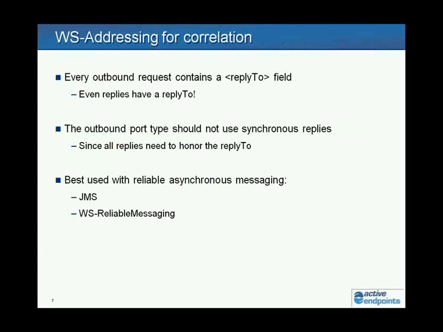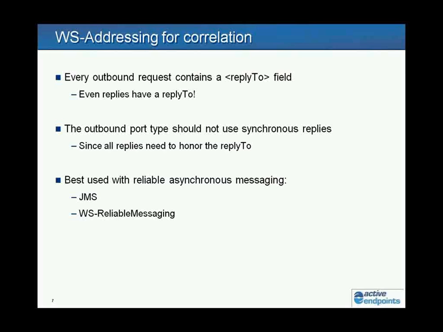Now, one of the things this means is that every outbound message contains a ReplyTo. And by outbound, I mean not just outbound requests, but if you've got an incoming message that is a request-reply, the reply will include a ReplyTo, which is a little bit odd, a reply including a ReplyTo. But think about the client of the process.